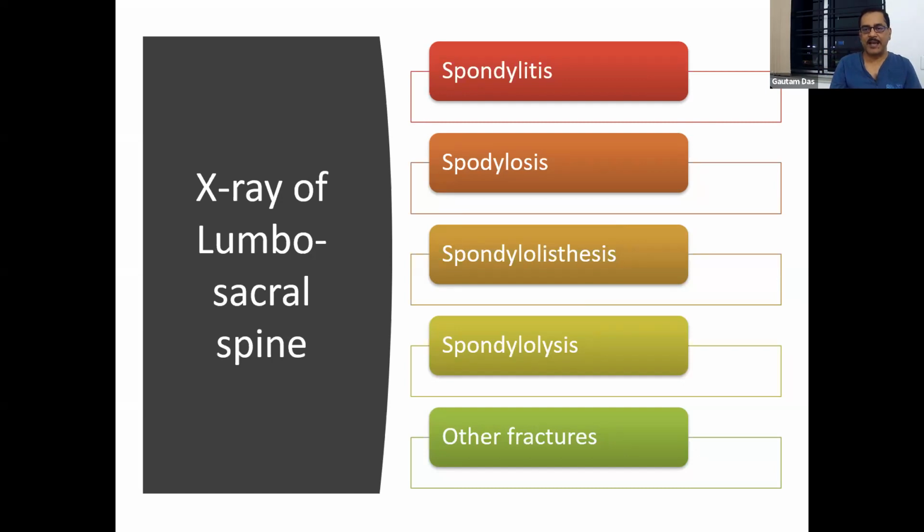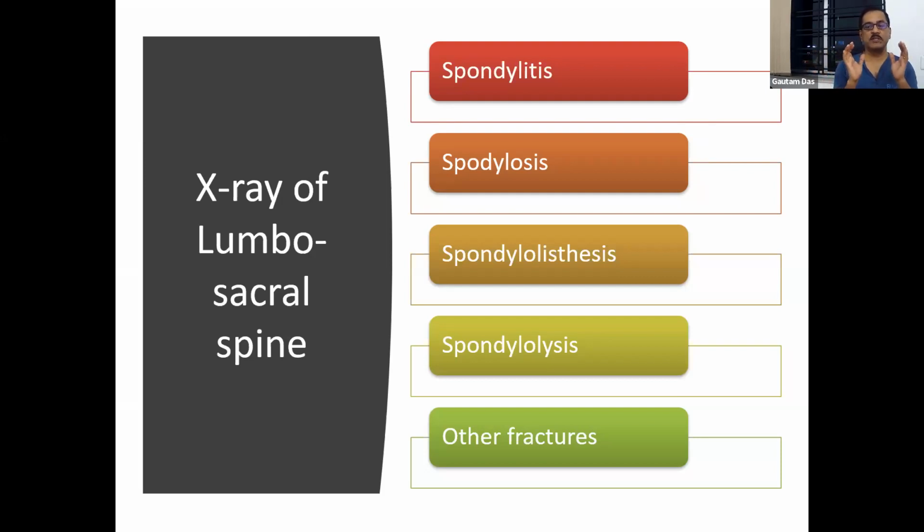So what is the meaning of spondylitis? The term spondylitis is mostly used by lay people. Basically, the term is inappropriate. The better term is spondyloarthritis. If you're talking about the inflammatory disease of the spine, then the better term is spondyloarthritis or spondyloarthropathies.